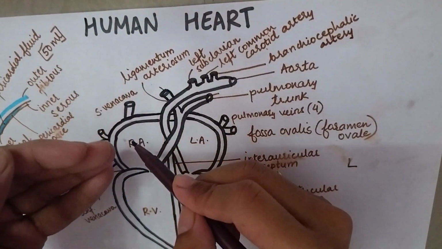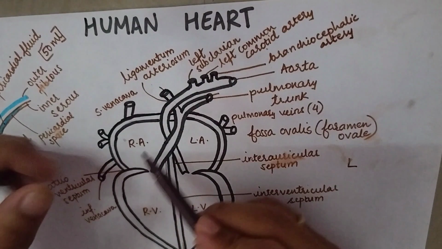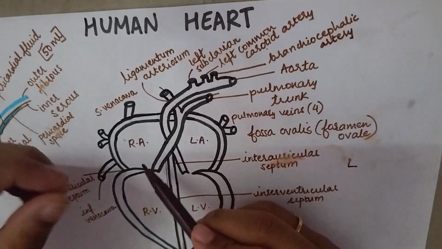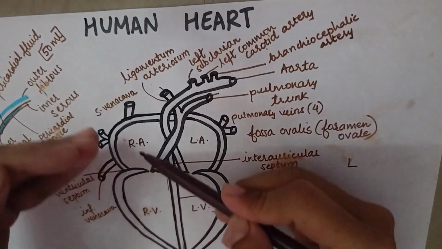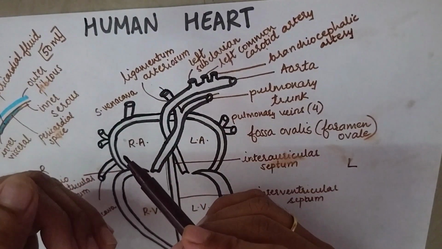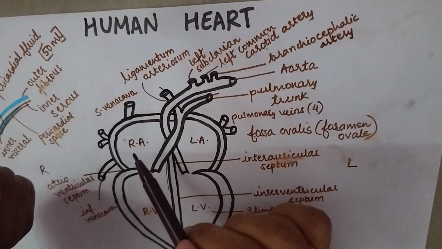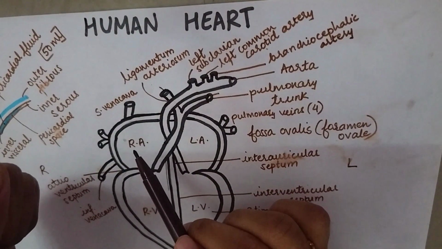So deoxygenated blood from the upper parts of the body and deoxygenated blood from lower parts of the body will enter the right atrium. As I said earlier, the right part has the deoxygenated blood, which will come from various parts of the body. Also, the right atrium receives deoxygenated blood from the coronary sinus.